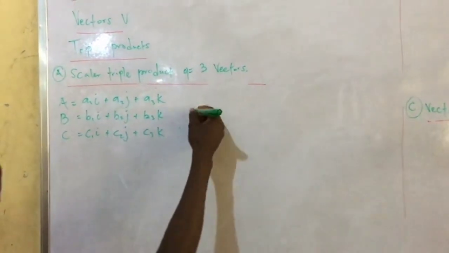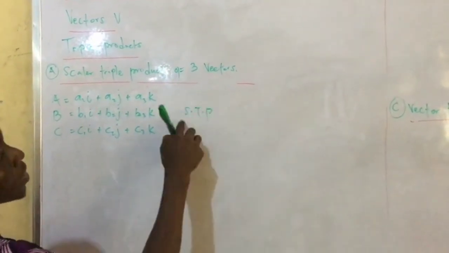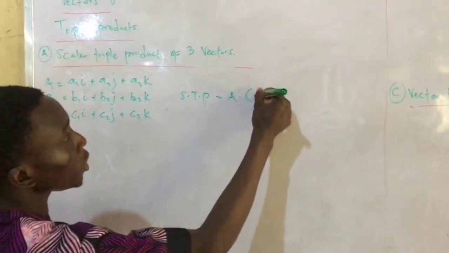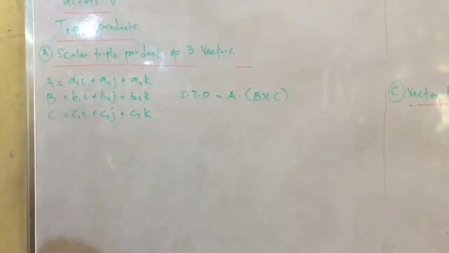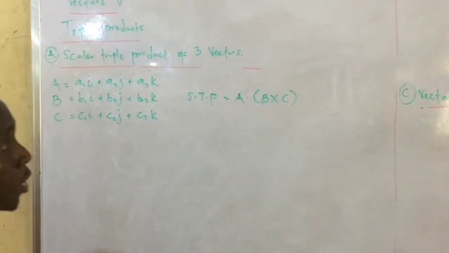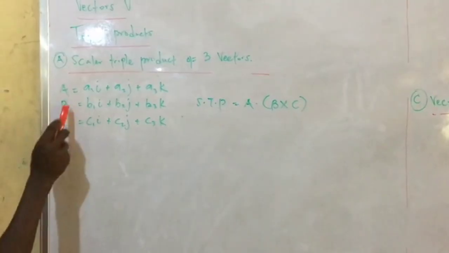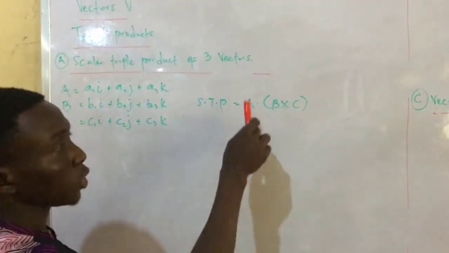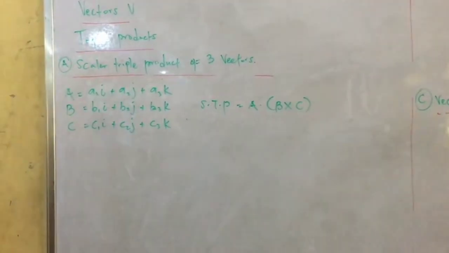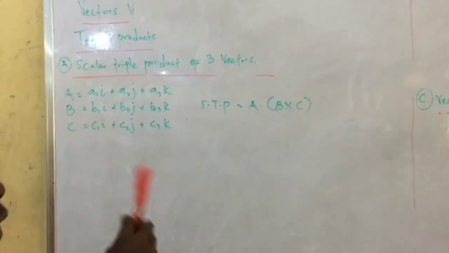Now we have to find the scalar triple product of these three vectors. The STP, that's scalar triple product, is going to be A dot B cross C. What is that telling us? The cross product always leads to a determinant. So you find the determinant of B and C, then you find the dot product of whatever you get here with A. And mind you, when you are dealing with a dot product, the direction will no longer be there.